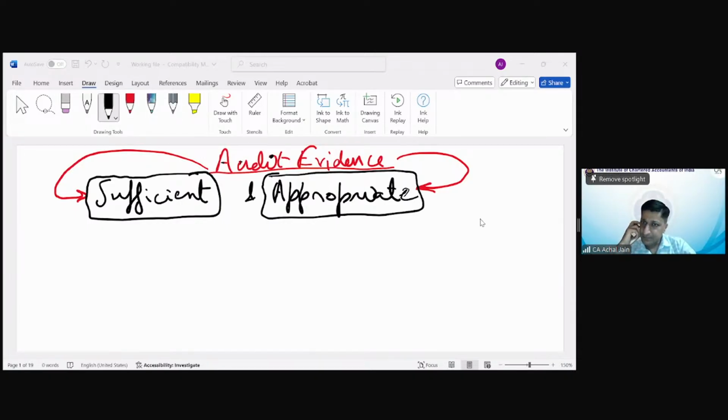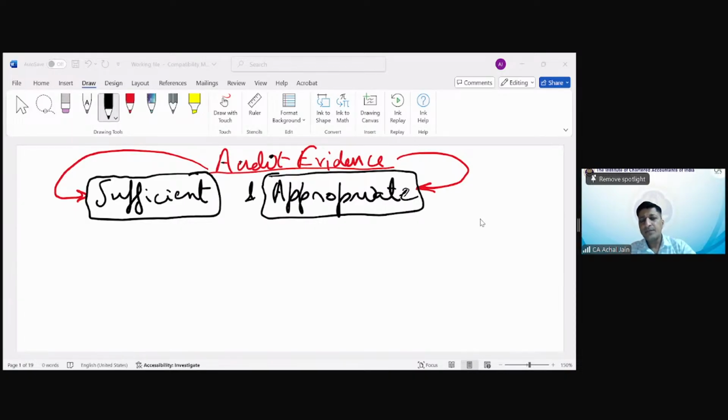To confirm that balance, for example, the bank account balance is 100 crores in the books of accounts. For that we will get the bank statement directly from the bank. That is appropriate. We will conclude that that is appropriate evidence.